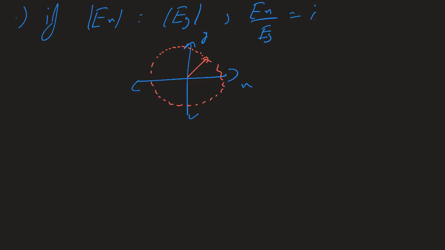Okay? And it could either rotate left or rotate right, and this depends on whether Ex over Ey is equal to plus i or minus i.